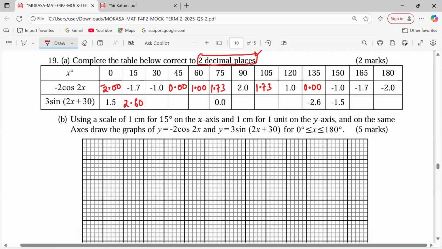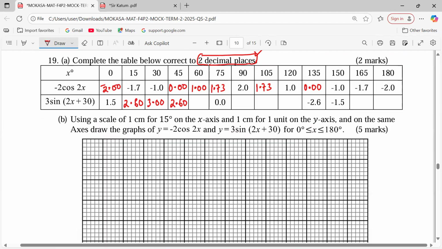3 sine of, you open brackets, 2 by 30, then we add 30. This is giving us exactly 3. So it will be 3.00. At 45, this will be 3 sine of 2 by 45, then plus 30. We're going to get 2.60.